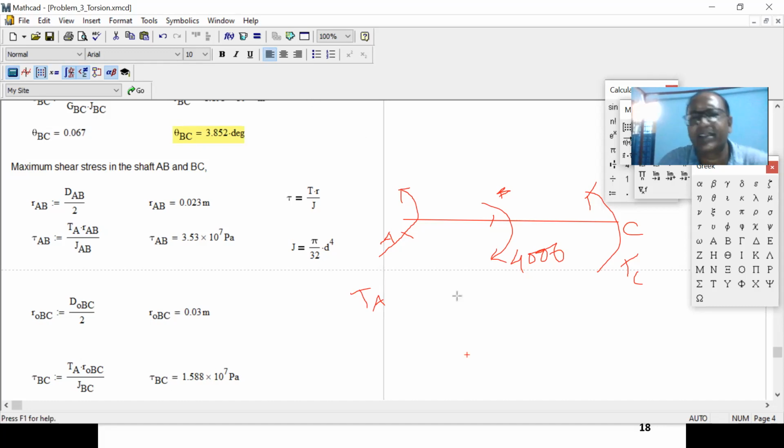In BC, you have taken the 4,000 Newton meter. So your question is that in the left side it already has TA, so why should I not take this 4,000 in the anti-clockwise direction?